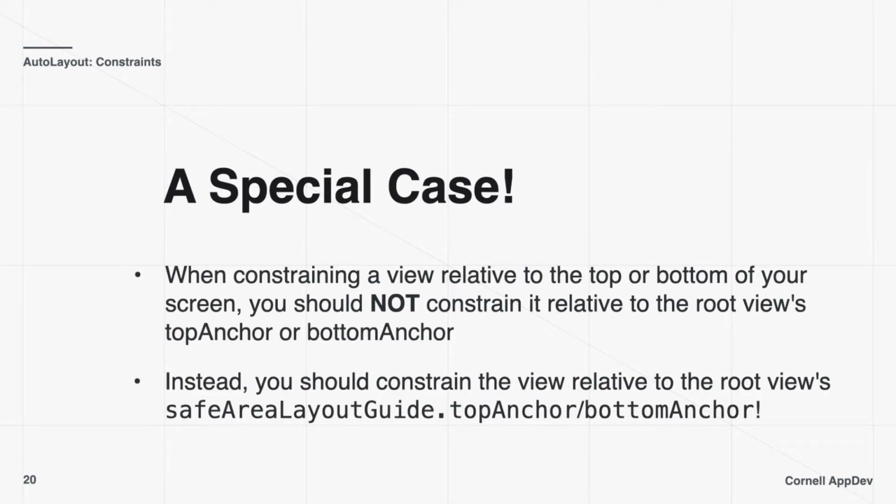And then there's a special case. If you want to constrain something relative to the top or the bottom of the screen, you wouldn't really want to just use the view's top and bottom anchor, because all the iPhones nowadays have that notch on the top, and you might not want to place a view where it might be blocked by the notch if you just constrain something to the top of the screen.